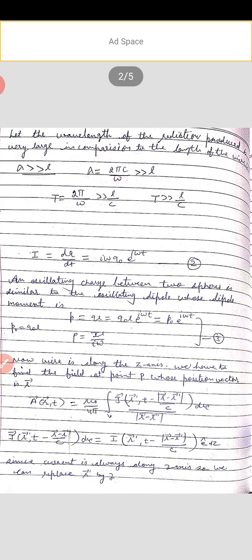Now A is equal to mu naught upon 4 pi volume integral of j(r', t minus modulus of r minus r' divided by c) d tau divided by modulus of r minus r'.